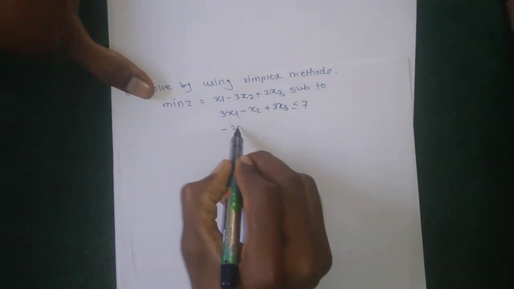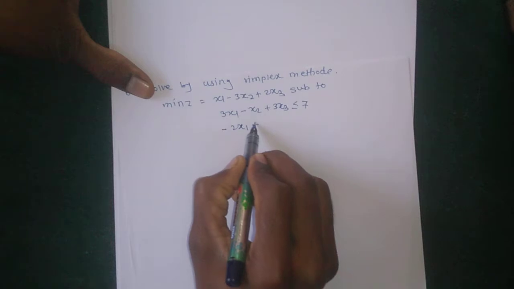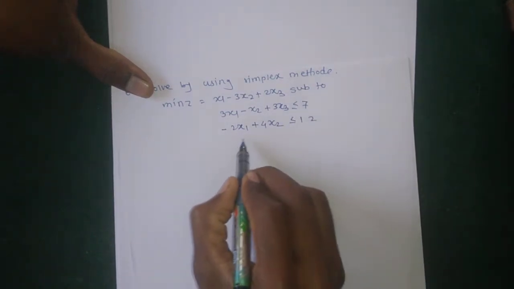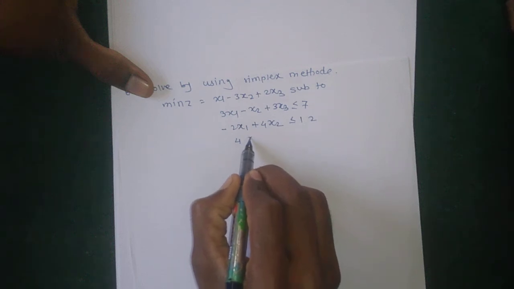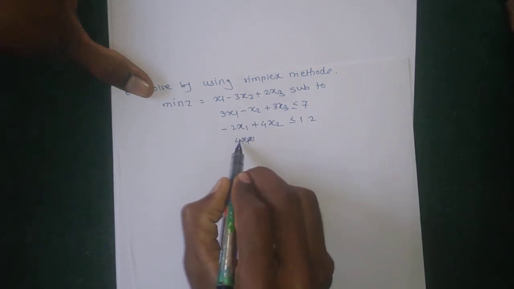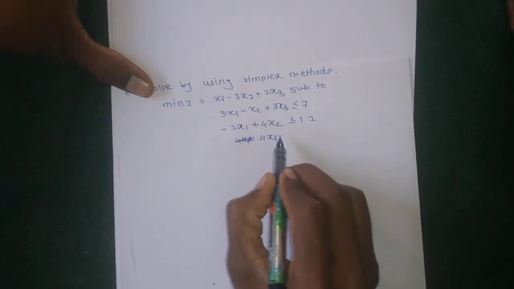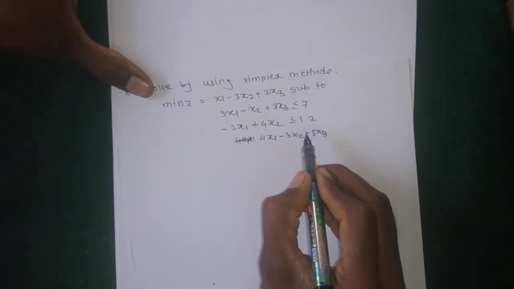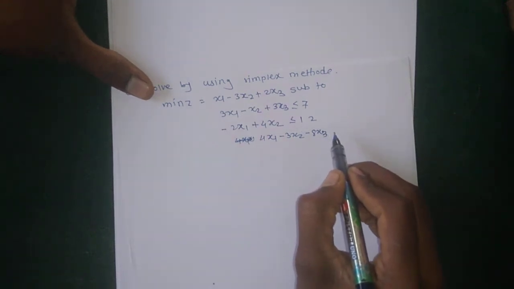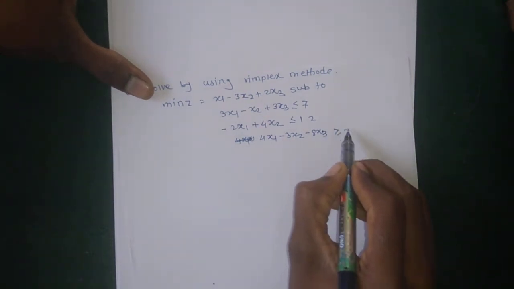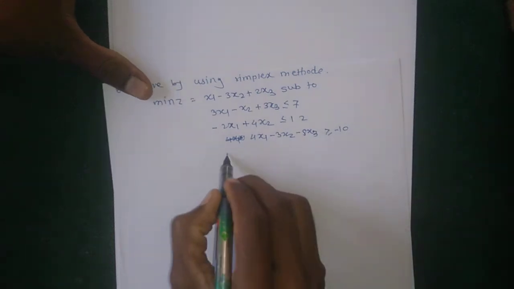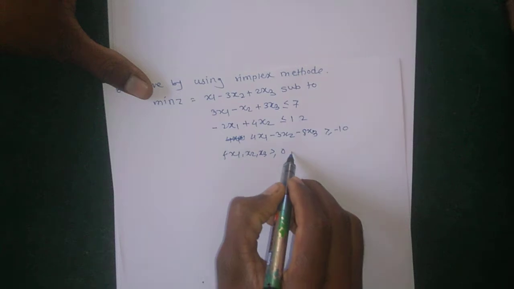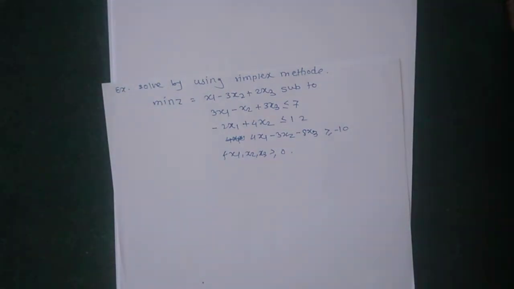Then the next constraint is 2x1 plus 4x2 is less equal 12, and the third constraint is 4x1 minus 3x2 minus 8x3 is greater equal minus 10. And x1, x2, x3 are greater equal 0.